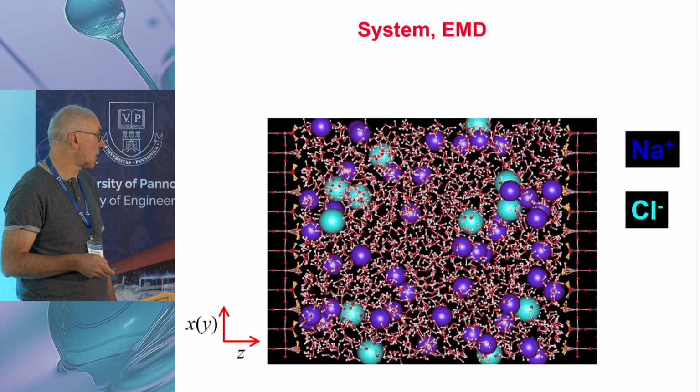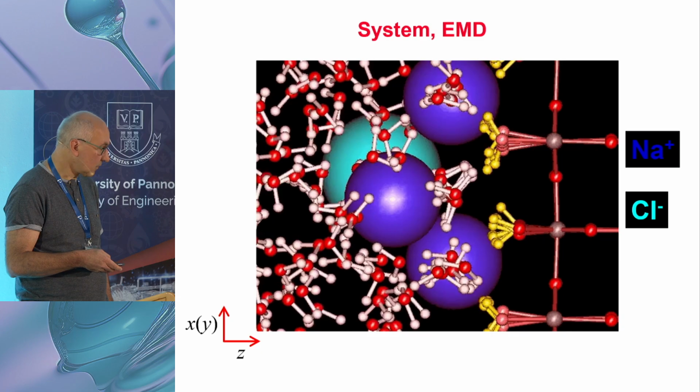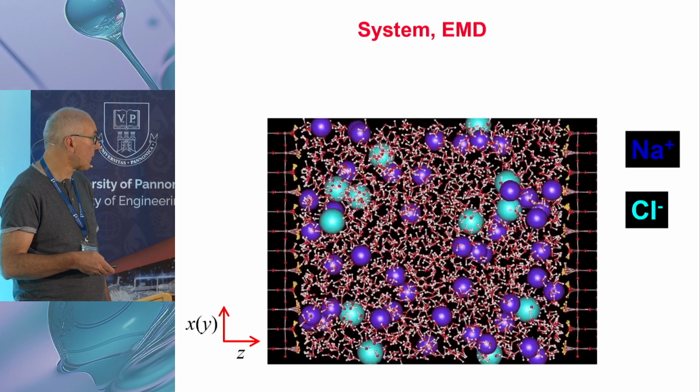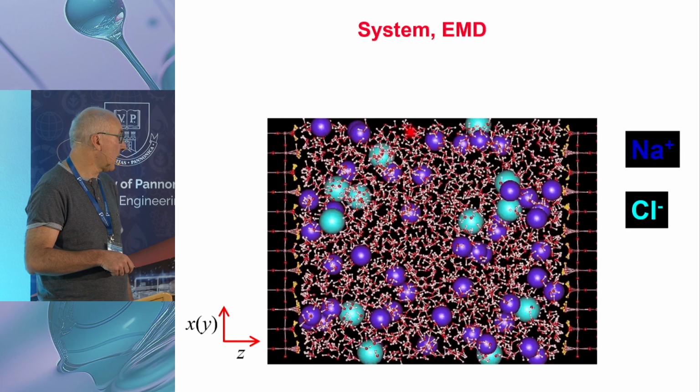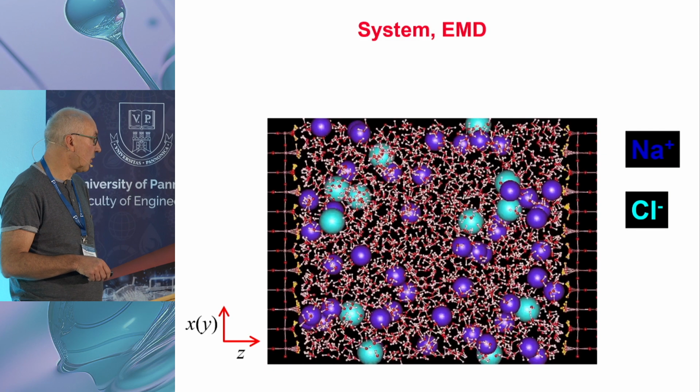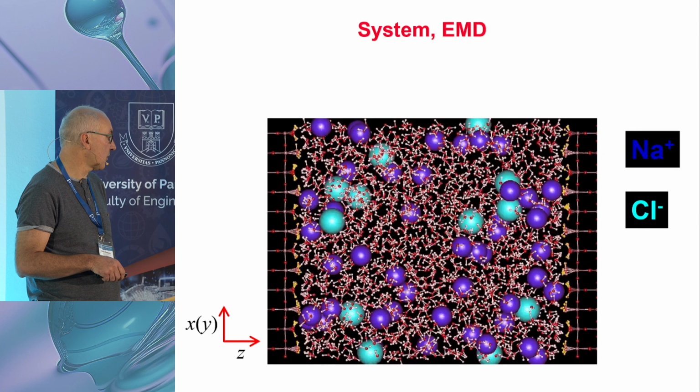So let's introduce our system. That's our system, and we would like to see what's the diffusivity not only far from the surfaces. So always the dark blue will be the cation, the rubidium, and the cyan will be the chloride counter ions.